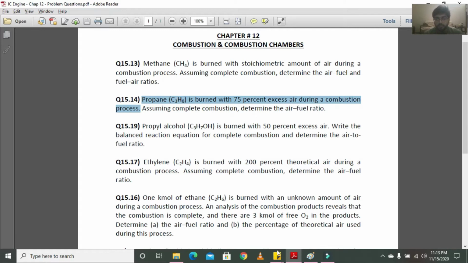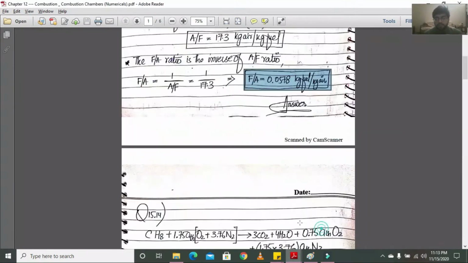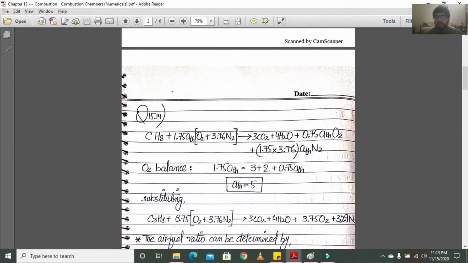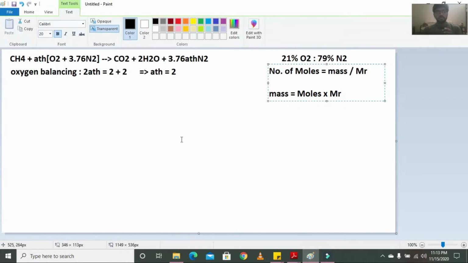Now moving forward, as I explained earlier, the main difference between the first question and the second question is because of the excess air which is being provided in the second question.